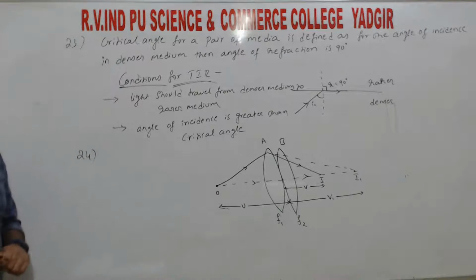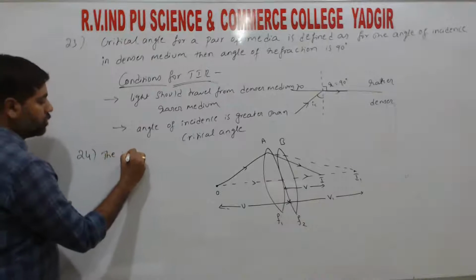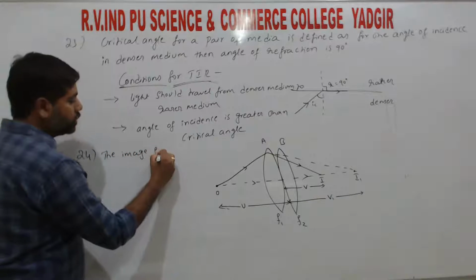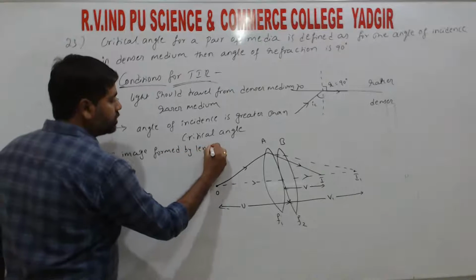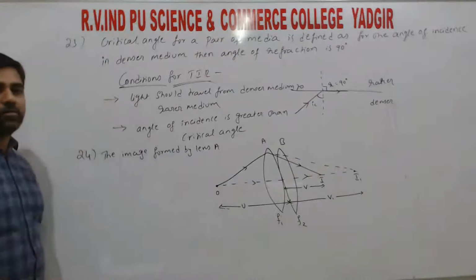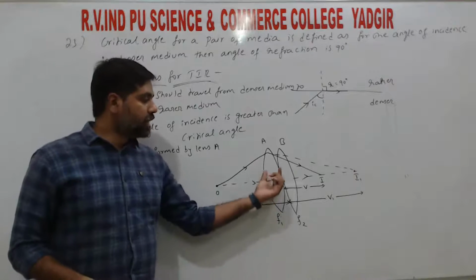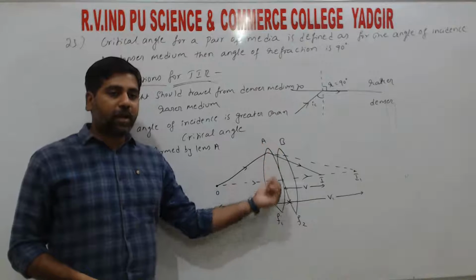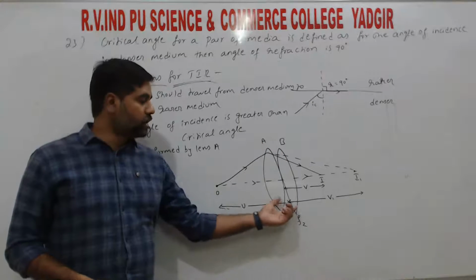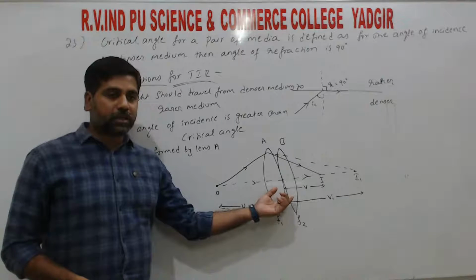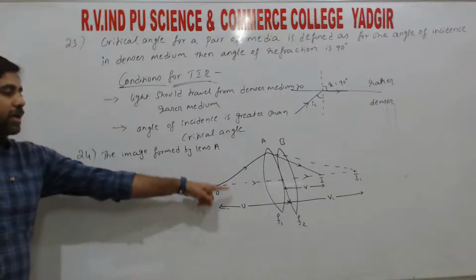The first point is the image formed by lens A, so the lens formula should be used. The explanation is: consider two lenses A and B having the focal lengths f1 and f2 respectively. That explanation should be there, that's all. One line comes, and after writing that, next the image formed by lens A.